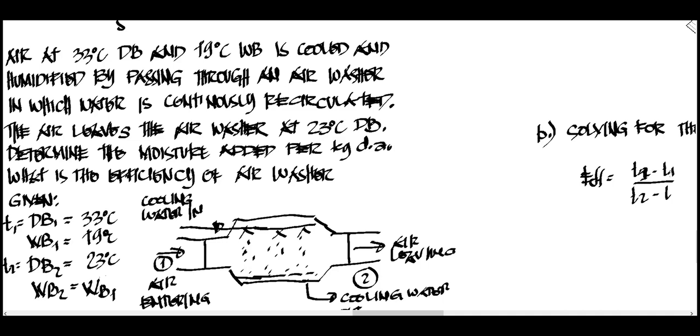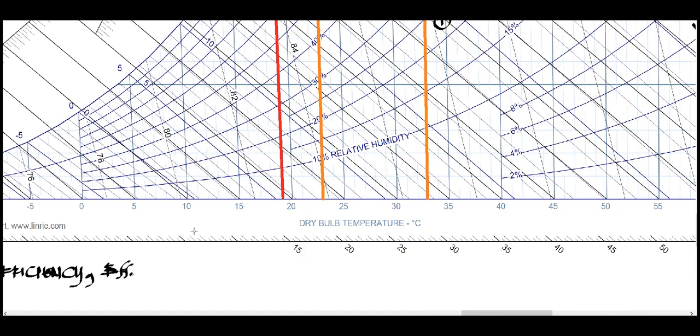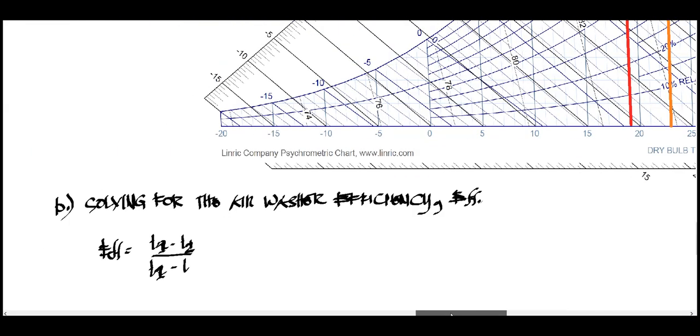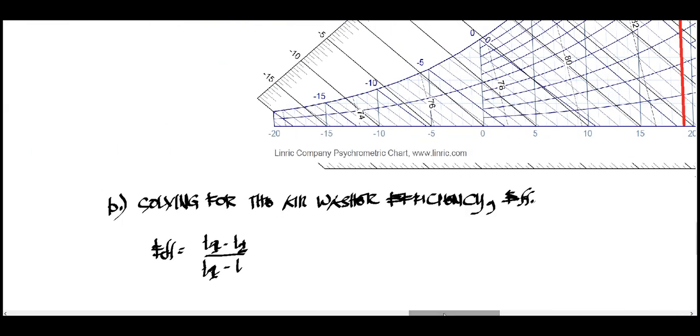This is T1 minus T2 over T1 minus T3, or we call it the dew point temperature, the dew temp of the apparatus.